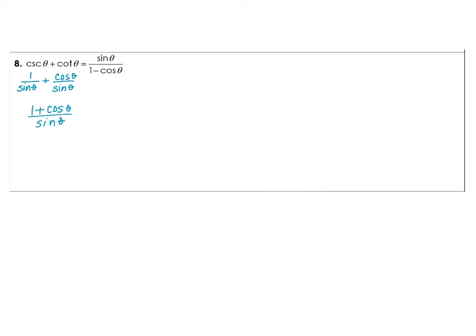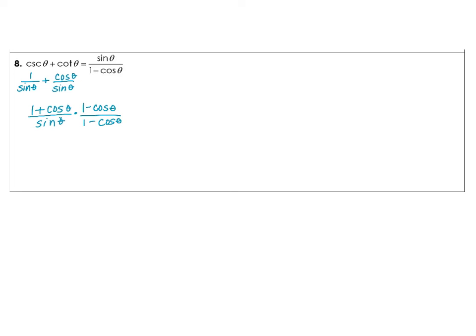And not much more we can do with that. So we could go ahead and do that ugly rationalizing that we did in one of the previous problems. And this one we're going to do reverse. We're going to multiply top and bottom by 1 minus cosine theta over 1 minus cosine theta. And let's see what that's going to give us.